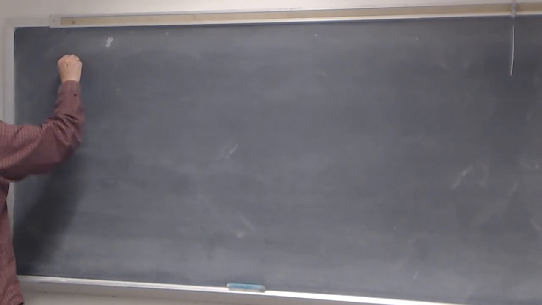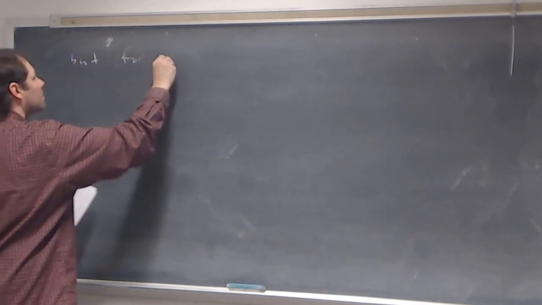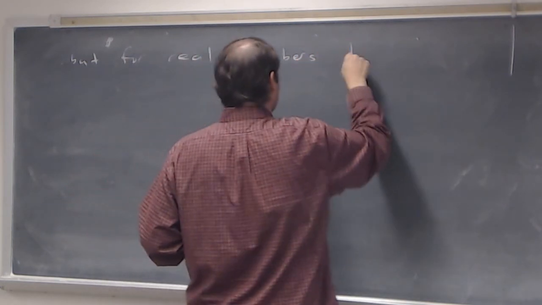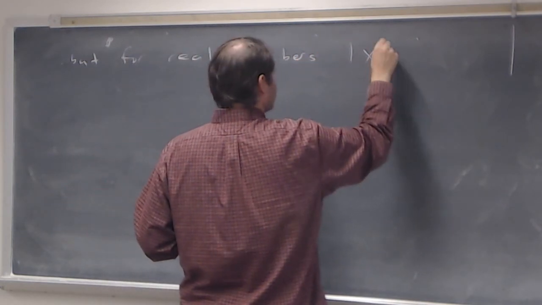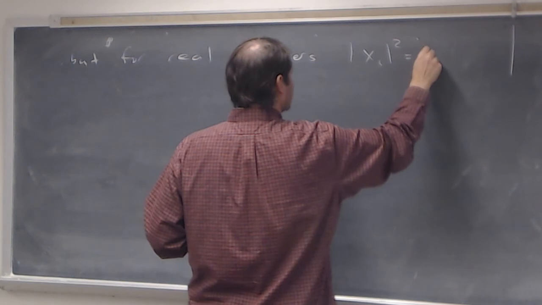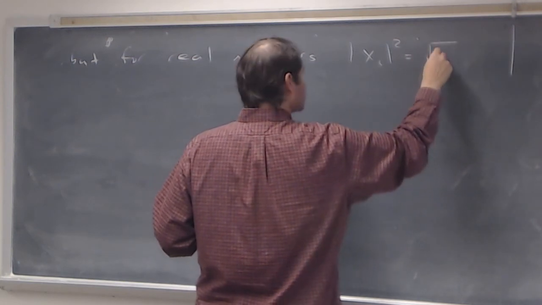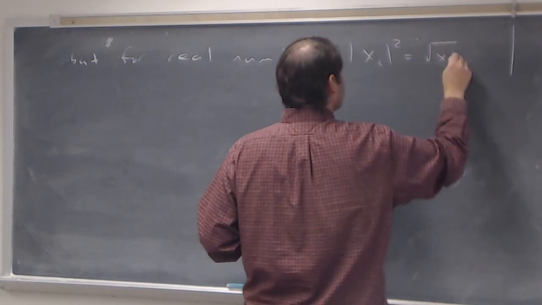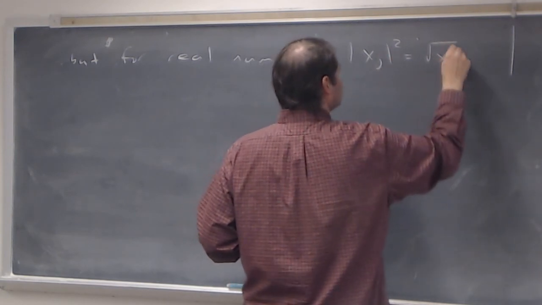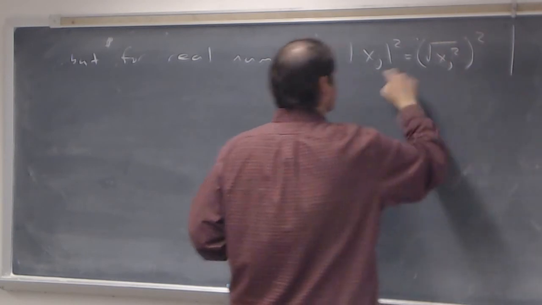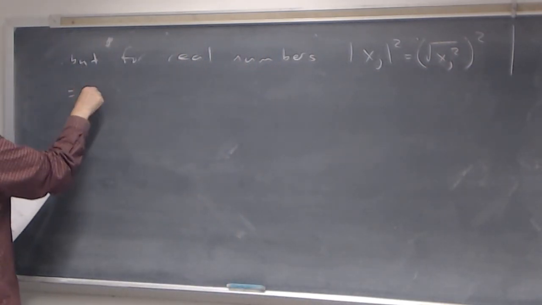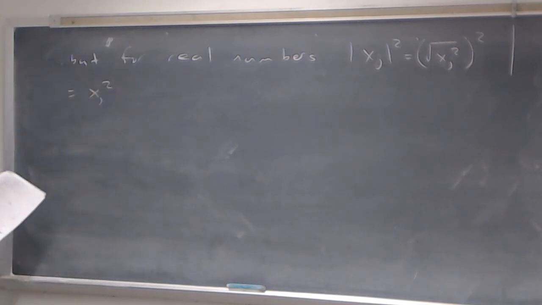But for real numbers, the modulus of x sub j squared is going to be equal to the square root of x sub j squared, squared, so that's what the modulus is. And that's just going to be equal to x sub j squared. Okay.